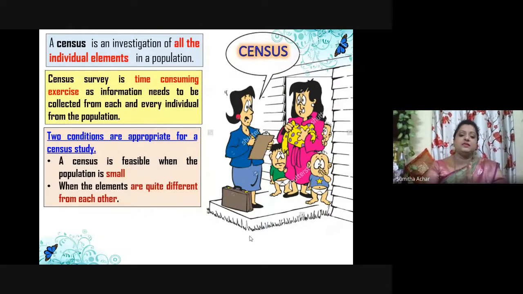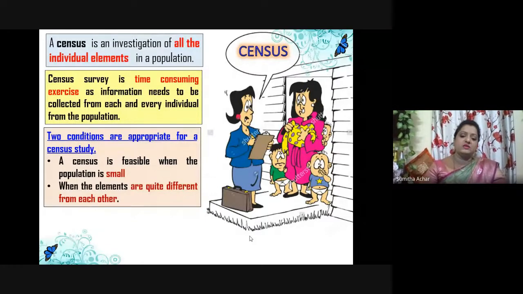A person can go for a census study when the population is small, feasible, accessible, right? Even if your population size is quite large, if you have enough resources, then definitely you can go for a census study.